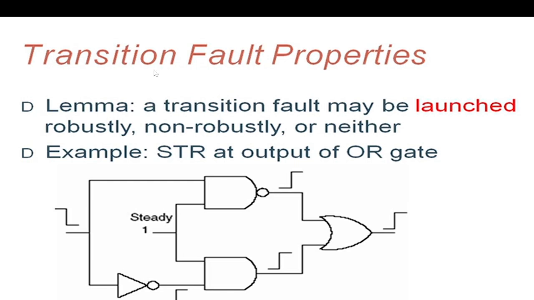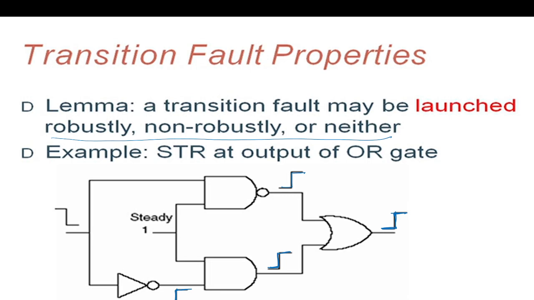So a transition fault may be launched robustly, non-robustly, or neither. So consider a slow to rise at the output of an OR gate. If it is slow to rise, then we will have a slow to rise transition here.